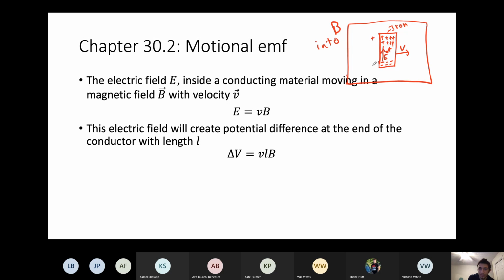So if you have a buildup of positive charge in here and a buildup of negative charge in the other side, that can be considered as a potential difference, delta V. And that delta V is given by this equation.